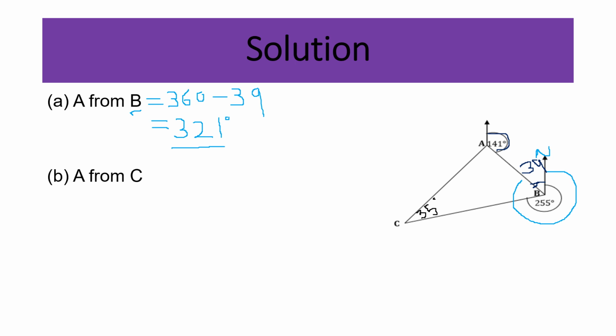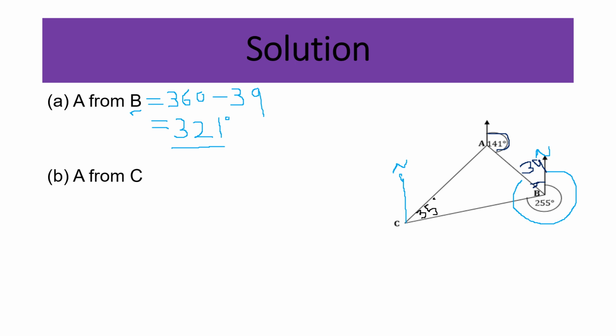Let's move on to A from C. Let's go to C. We don't have the North Pole here at C, so we create our North Pole. This is our North Pole.